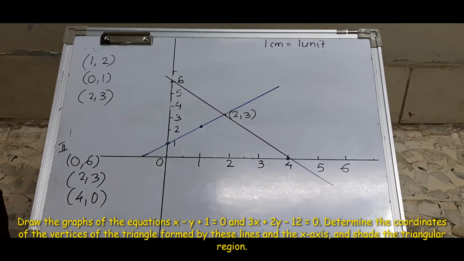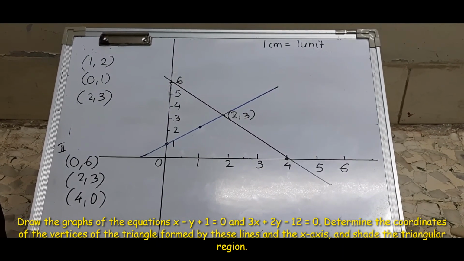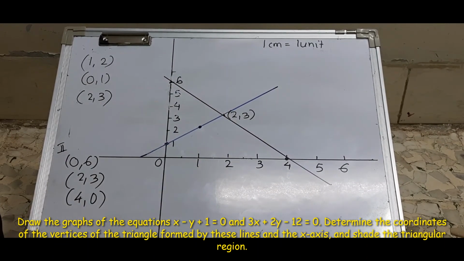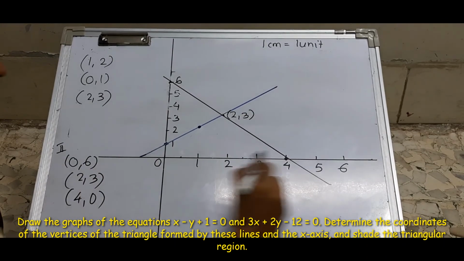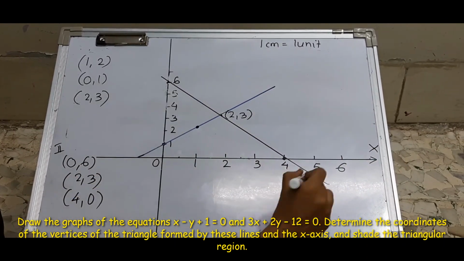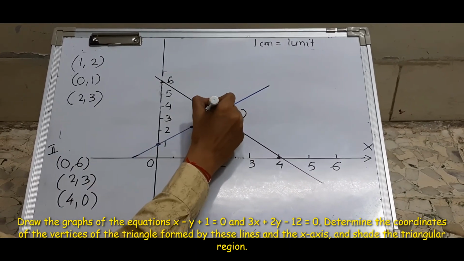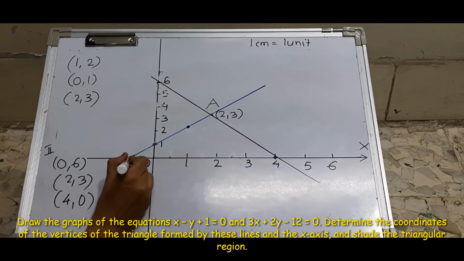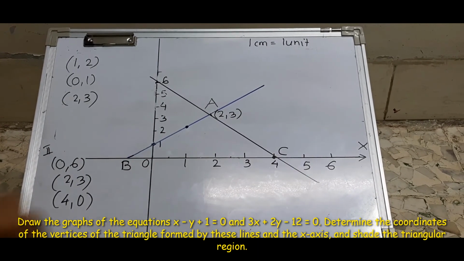Now it is saying to determine the coordinates of the vertices of the triangle. It means these two lines are forming a triangle with the x-axis. This is my x-axis. So this x-axis and these two sides are forming a triangle. Let us name the triangle formed A, B, C. Correct?